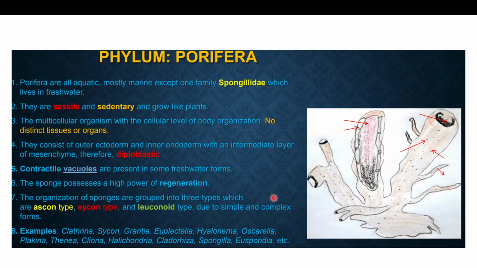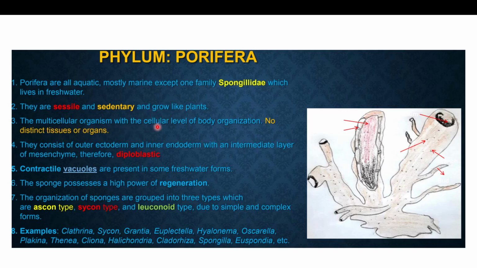Now we will quickly rush through the different phyla, like Porifera. Poriferans are aquatic, mostly marine, except one family, Spongilidae, which lives in fresh water, and they are sessile. That means they are attached to their substratum, and sedentary and grow like plants.